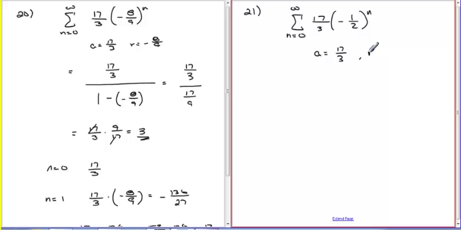So what do we have here? When you add all these up, you get 17/3 divided by 1 minus negative 1/2. Actually, it's minus and minus 1/2, so that's going to be 3/2.